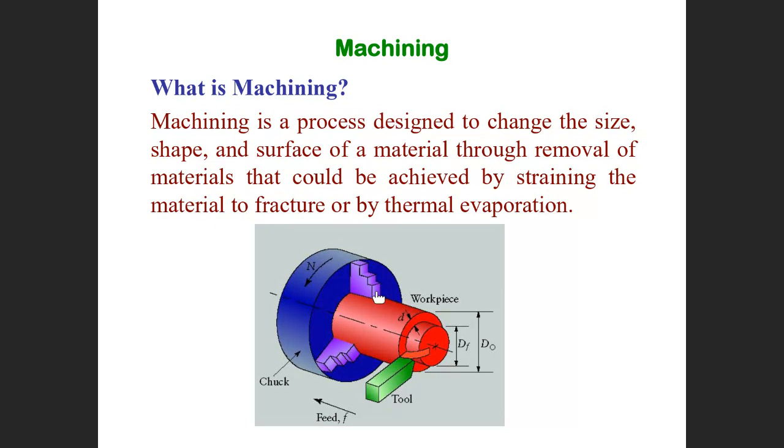A part of material will be removed to obtain the desired dimension. So this is the initial part. Later, when you cut, dimension and geometry will change. We call it shaping of the workpiece, by removing part of the material. This is machining.